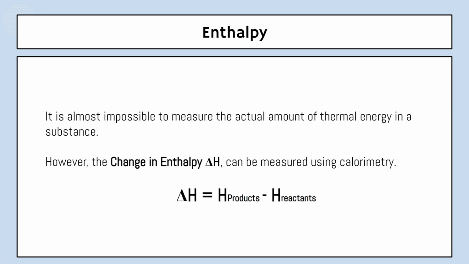So the change in enthalpy is equal to the enthalpy of the products minus the enthalpy of the reactants. It is very important that the change in enthalpy can be measured using calorimetry, because in this case, the change in enthalpy, change in H, can also be equal to Q, which is the heat energy.